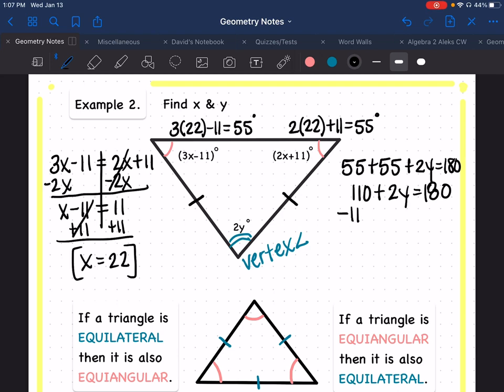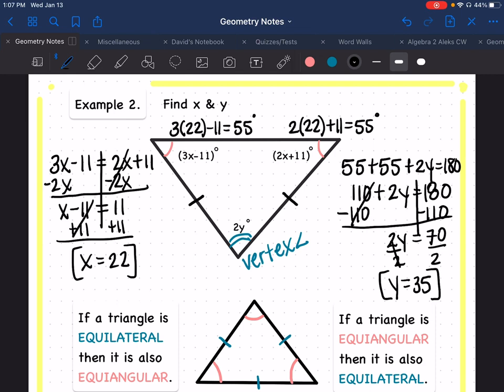I'm going to subtract my 110, because remember, I'm just solving my equation. That should give me 70. Yep, and I divide by 2. y equals 35. There's nothing else I can really do. I guess they could ask me for the value of the vertex angle, 2 times 35. They could have asked me for these ones as well.